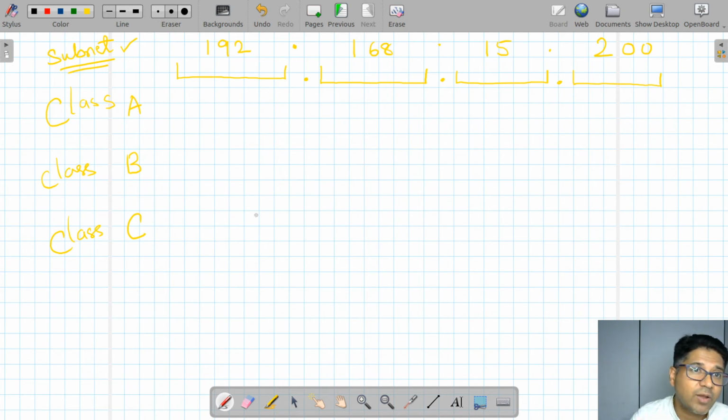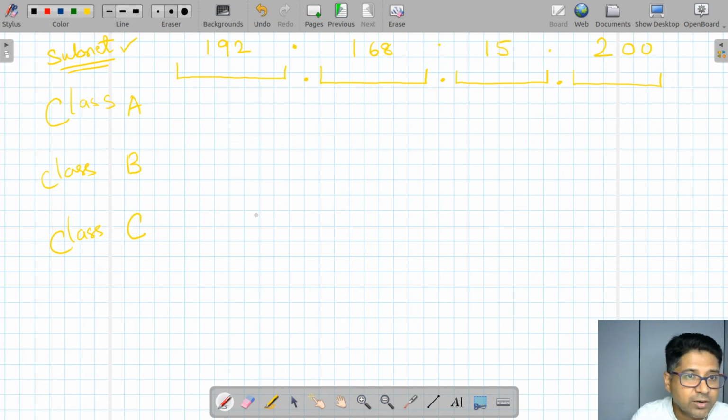But outside the family, if we want to talk, we have to inform the parents. In the same way in a network, within the subnet you don't need a gateway, but to talk outside your subnet you need one gateway. We will do the lab and see the gateway's role.